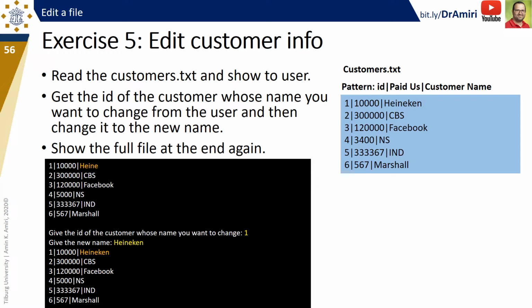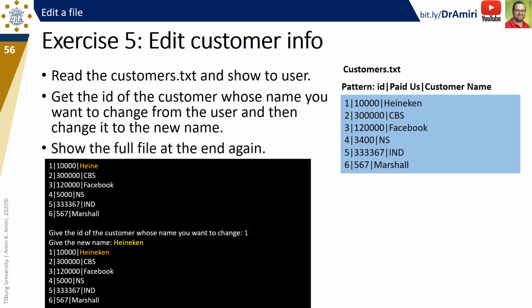So what your code needs to do is to first show the content of the file. In this case, assume that Heineken is not written correctly, it's just Heine, and the user wants to change the name to Heineken. So the application asks for the ID of the customer for which you want to change the name.